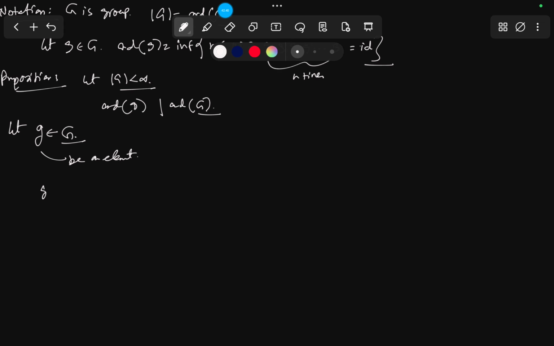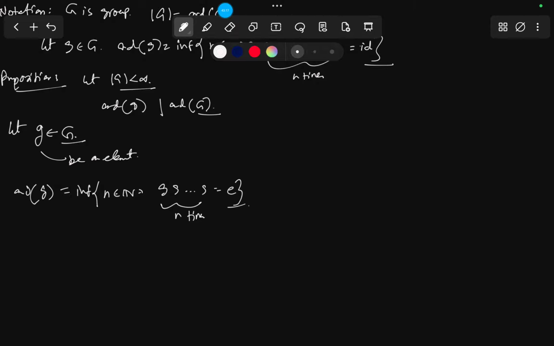Then we consider the order of g to be the infimum of small n, a natural number, such that g times g, and so on up to g, n times, is the identity.